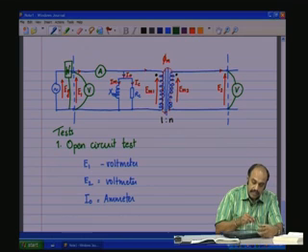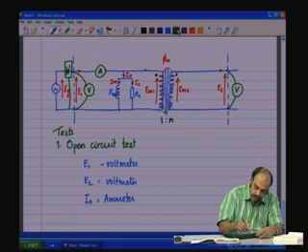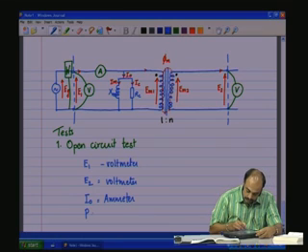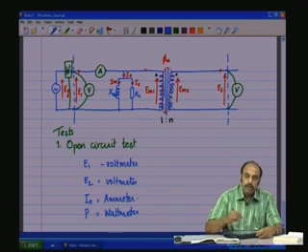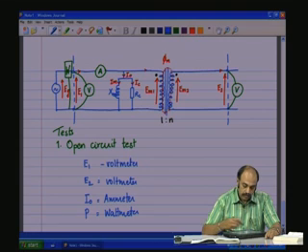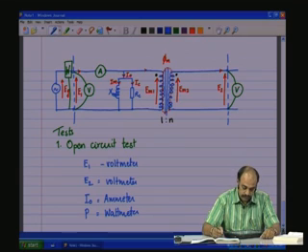This measures the active power that is taken from the source. So, we will be obtaining P, which is obtained by connecting a wattmeter. So, you need 2 voltmeters, 1 ammeter and 1 wattmeter to do the experiment, which is the open circuit test.